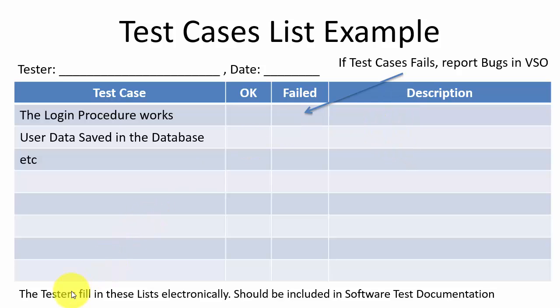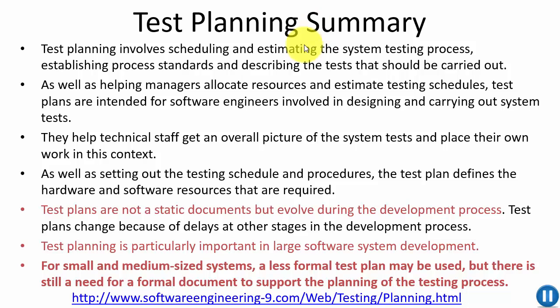So these test case lists should typically be filled out electronically, and then included as part of the software test documentation. So let's summarize the test planning phase. Test planning is not a static document, but it evolves during the development process. So it's a living document that you need to change during the development lifecycle.